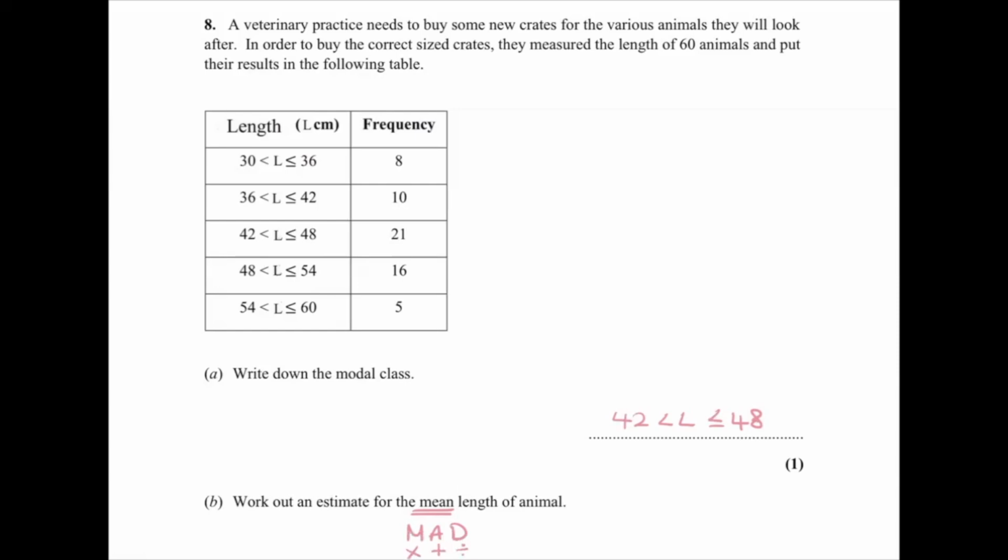So when I go up to the table, my first step is to multiply something. Now we're actually going to be multiplying across the rows, and we want to be using a number that fairly represents the group, because the reality is I don't know the numbers. I just know that there were 8 animals that fit or got measured into a length that worked in this range.